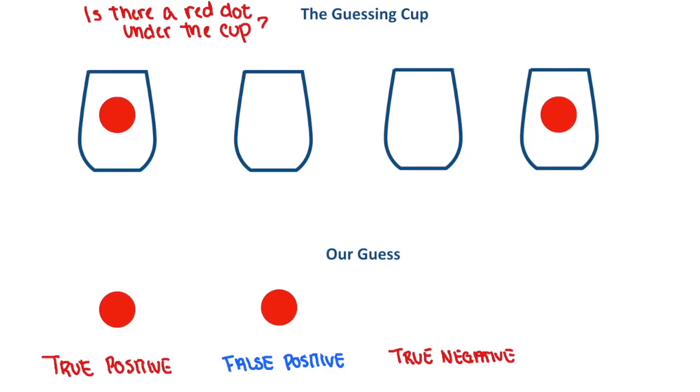Well, turns out that we were wrong. So the term that we need to use here is false. And so because we didn't put our guess for the red dot, we said that it would be negative. And so the way that we qualify this is to say at the end here that we have a false negative.